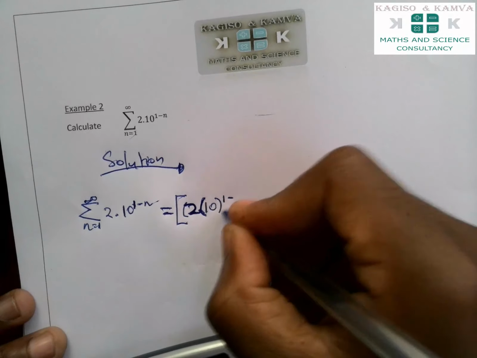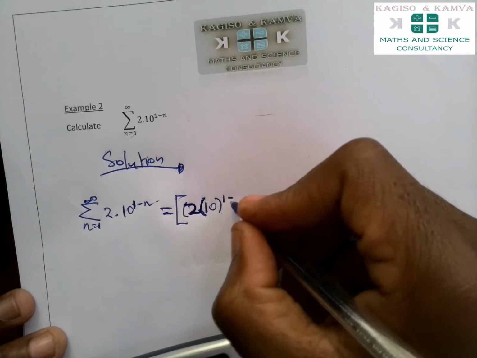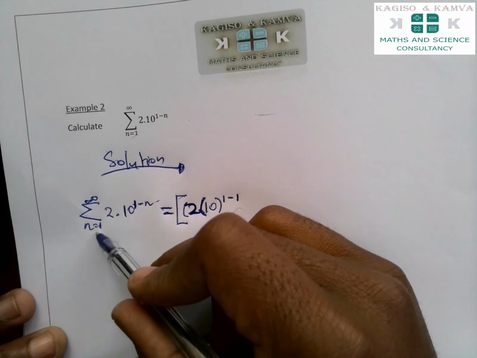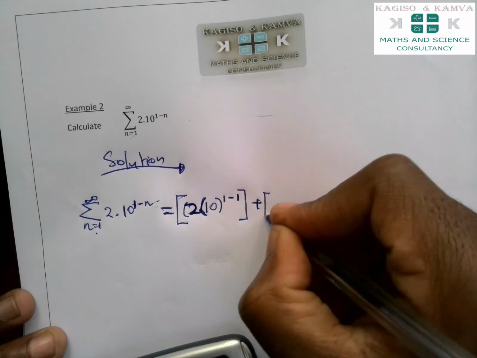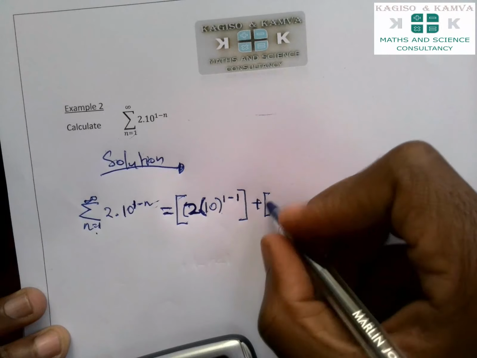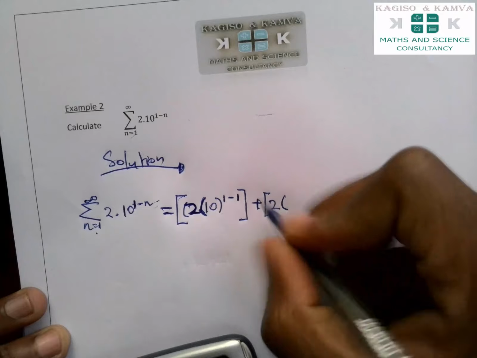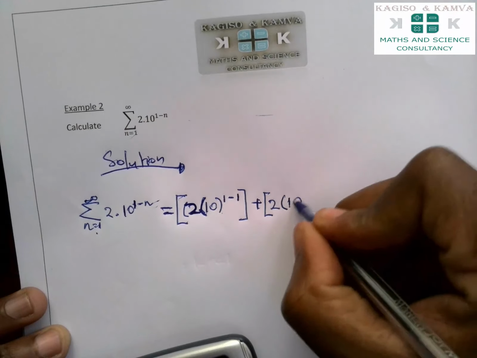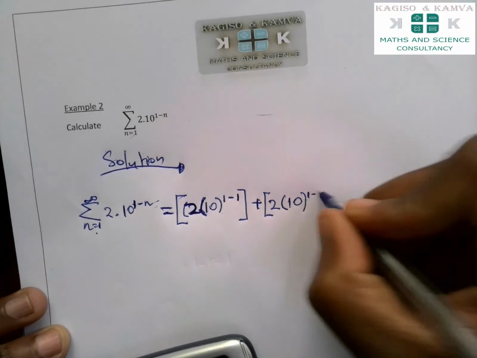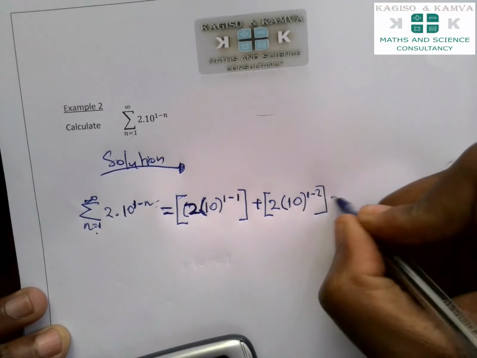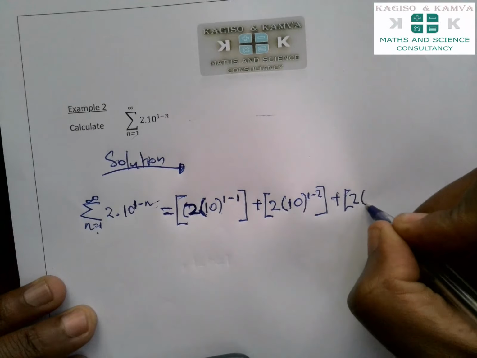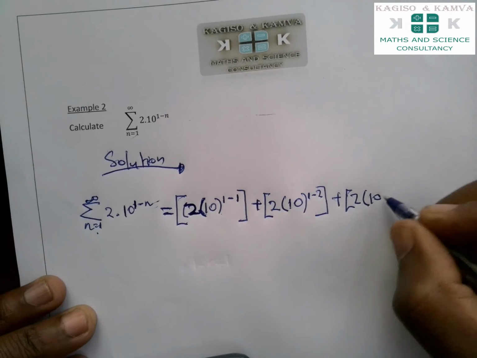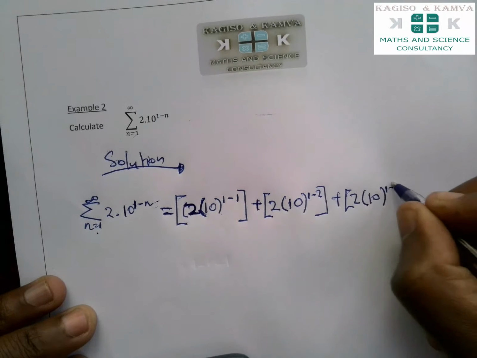So we have 2 times 10 to the power 1 minus 1, we start at 1, plus 2 times 10 to the power 1 minus 2, plus 2 times 10 to the power 1 minus 3.